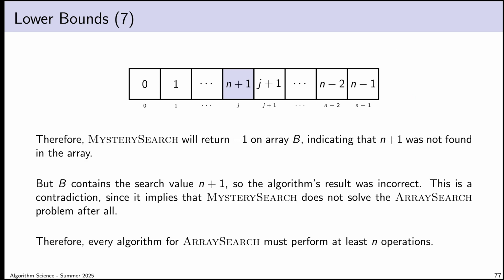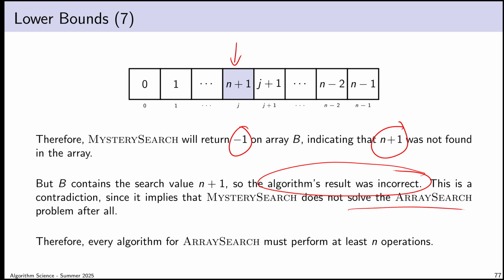So if I run my mystery search algorithm on array B, it returns -1. That's a way of it telling me that it couldn't find the thing I was searching for, element n plus 1. The problem is, B does contain n plus 1. I put it there. I hid it in the one place I knew the algorithm wouldn't look. And so B does contain the search value, and that means the algorithm gave me the wrong answer. And if it gave me the wrong answer, then it wasn't a solution to the problem after all.